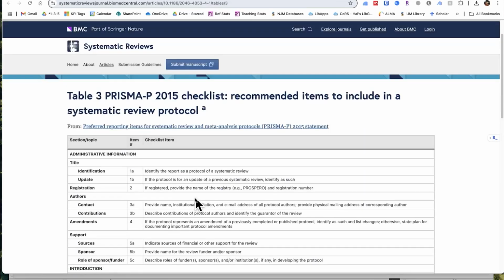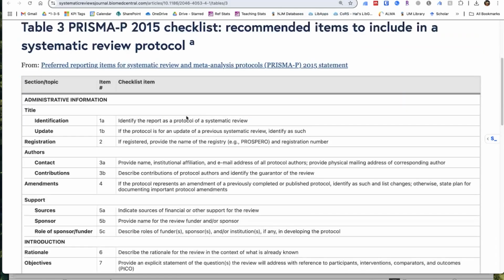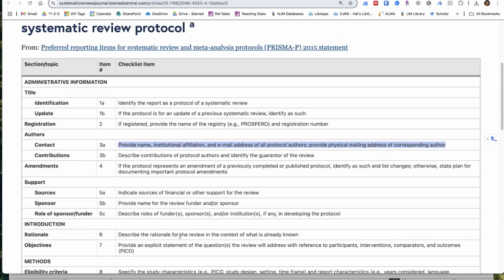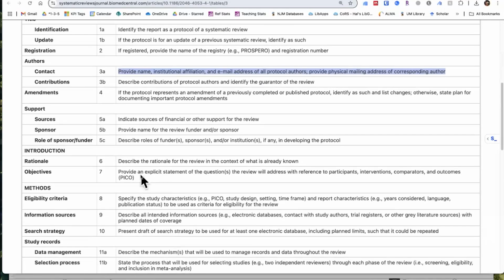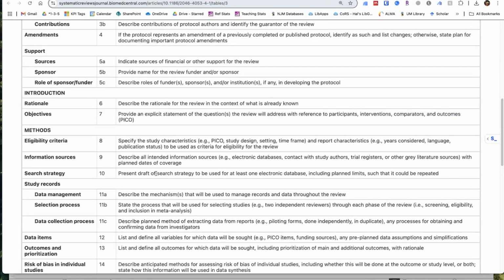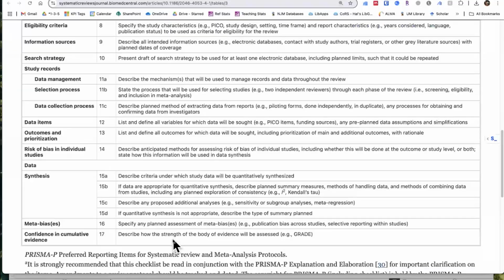So you can see here, hopefully you can see that. You want to say that it is a protocol. You want to say who are all the people on the team. You want to say if there are any funders for the protocol. What's the objective? How are you going to include or exclude studies? What's your search strategy going to look like? How are you going to manage records? So basically you're outlining your whole project ahead of time.